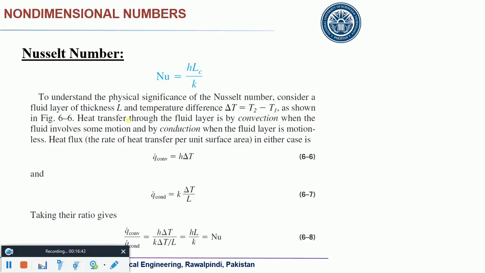And I told you at that time that generally whenever you perform experiments, you describe your results in terms of non-dimensional variables. There are so many advantages of this technique: you can not only reduce the number of variables affecting your system's performance, but the applicability range is also increased.